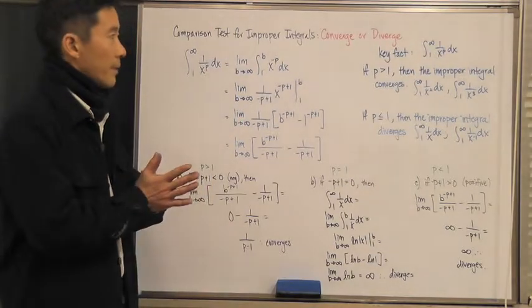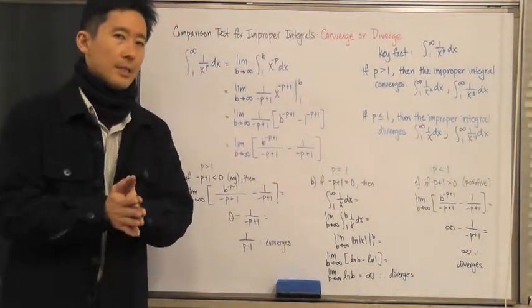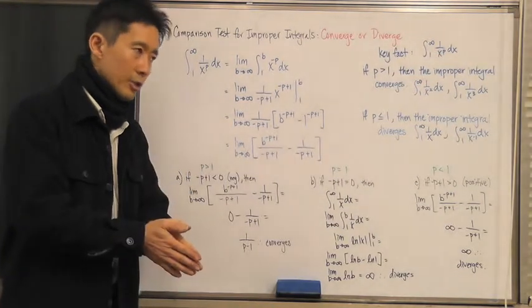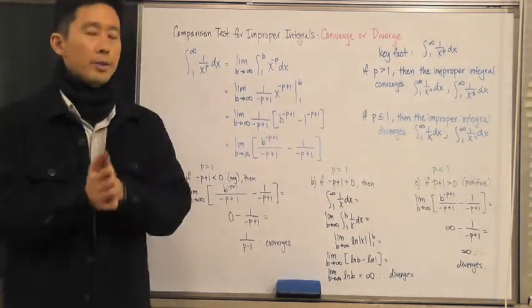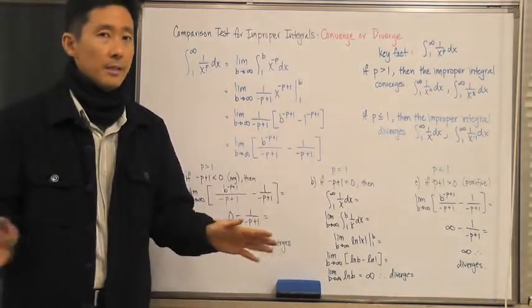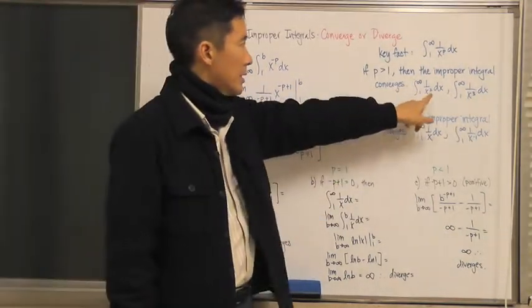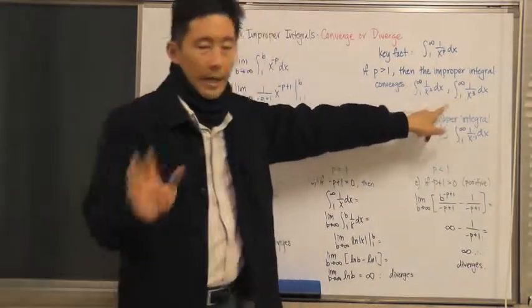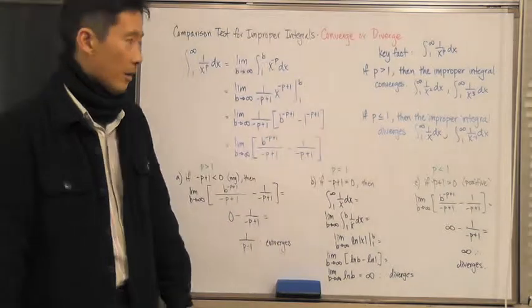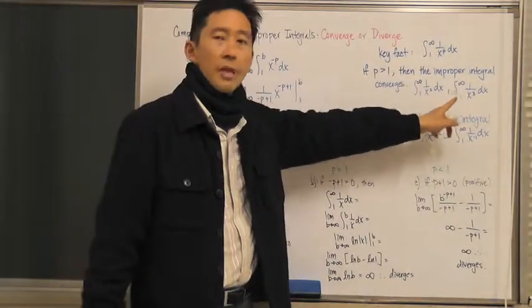But remember, we're not necessarily interested in finding out what it converges to. What we are concerned about is whether it converges or diverges. And that's it. Even when it comes to these kinds of situations, I'm not interested in knowing what it converges to. We don't need to know that.